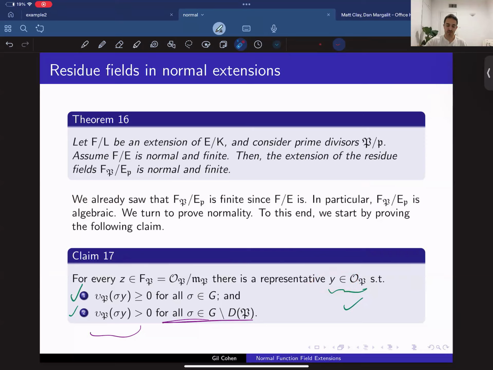I mean, there is a function that when you evaluate it at P, you'll get Z, but that function behaves nicely on the prime divisors that are associated or conjugated with capital P. So this y, whenever you can, sigma of y vanishes at the prime ideals above little p, and when you cannot, then it's at least defined, larger or equal than 0.